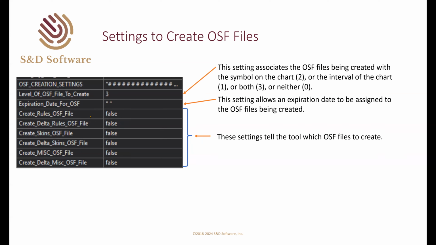So if we want to create a rules OSF file, basically, this is going to be the rules table, the rules setting group. We would set this setting, create rules OSF file, to true. So now he's going to create a rules OSF file, and it's going to be a complete rules OSF file. He's going to dump the entire table.